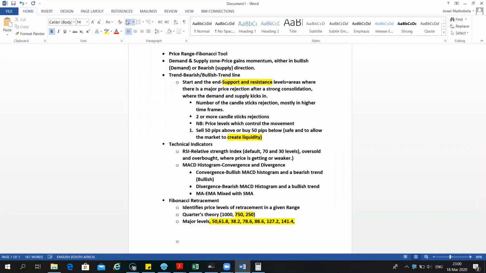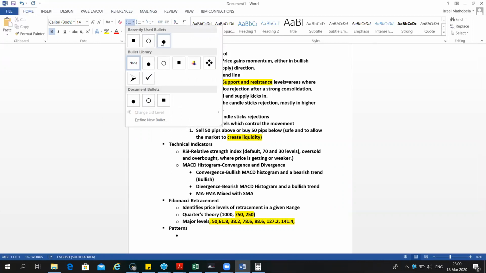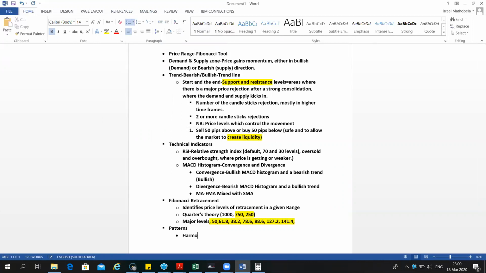While on price action, sorry, my word skills are becoming obsolete. Another thing we need to understand when dealing with price action is patterns, right? We have harmonic patterns, which we identify through the Fib tool, the Fibonacci tool, right?